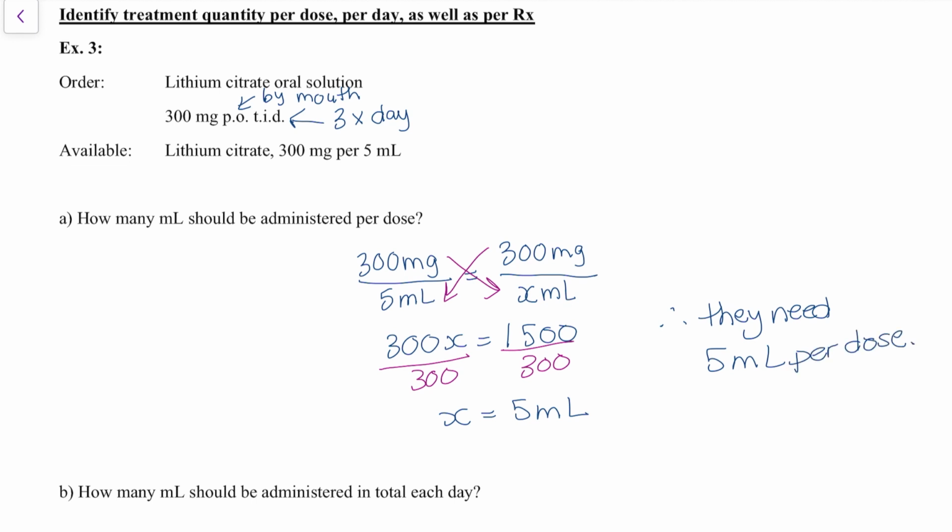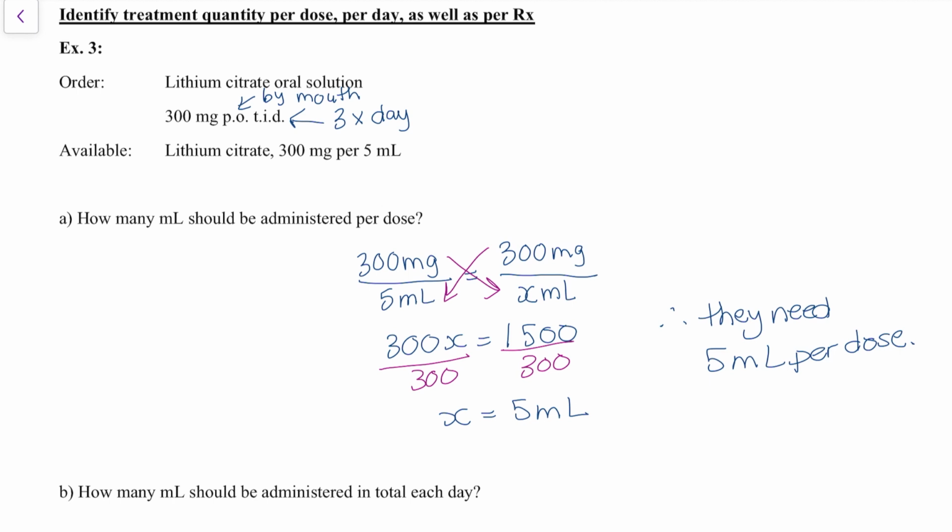Again, obviously this is one that we can kind of look at and see, but just to show you how the math would work out, that's how it would look. Okay? So now we need to take that and figure out how much per day. So we looked at per dose, how much per day, and that's where we're looking at the rest of the order there, so the PO TID.